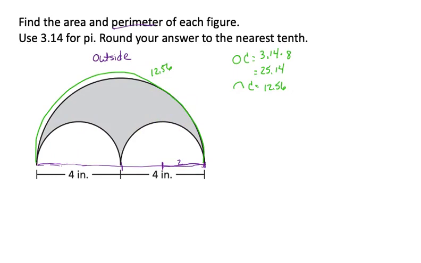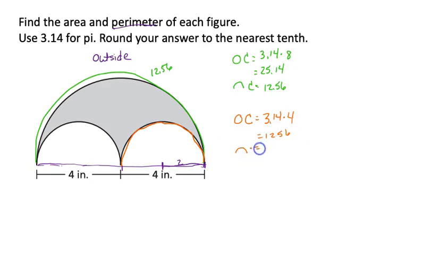I'm going to keep going because now I need to know the perimeter here, since I'm just going around the outside. Again, that is a circle, and I'm going to find the circumference. That's what the perimeter is, the circumference of the full circle. So 3.14 times the diameter. Of just this one section here, the diameter is 4. So 3.14 times 4 is 12.56. Now remember, I only want half of it.